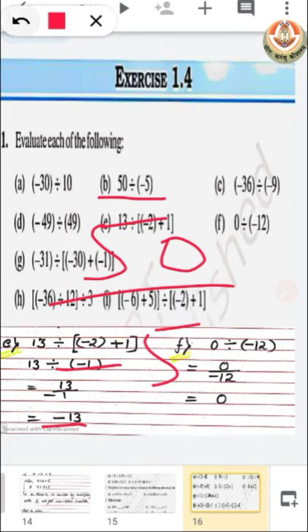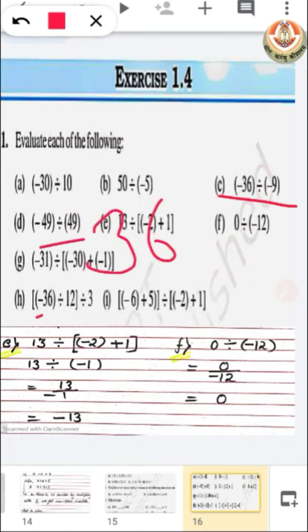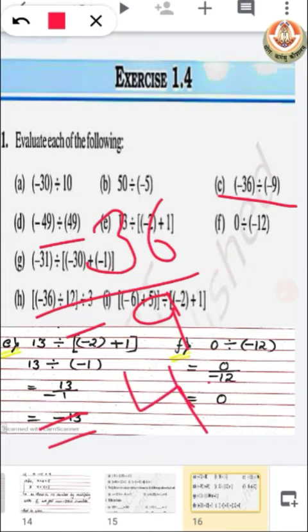Next one, minus 36 divided by minus 9. Now see, two negative integers are dividing. That means the answer will be positive, and the division of 36 and 9 will be 4. That means the answer of part C is 4.